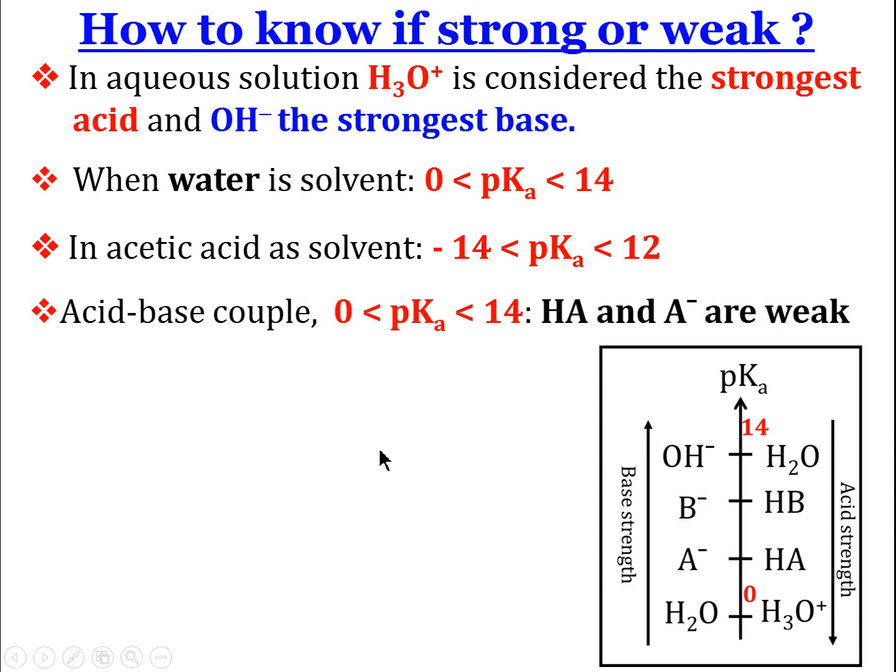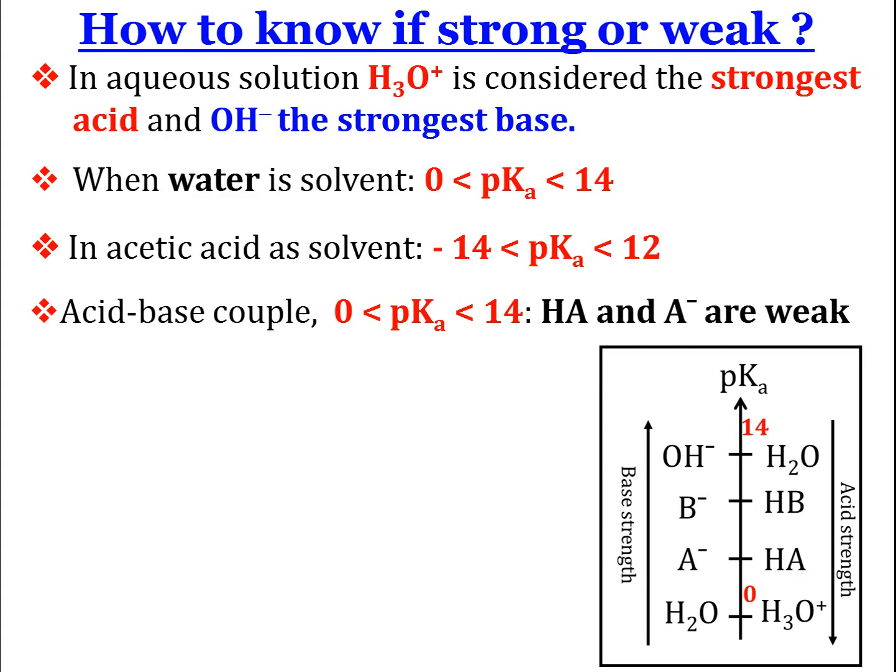In aqueous solution, for any acid-base couple with pKa between 0 and 14, the acid of this couple HA is weak and the base of this couple A minus is also weak.